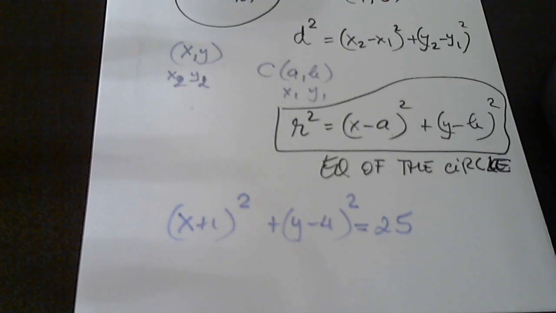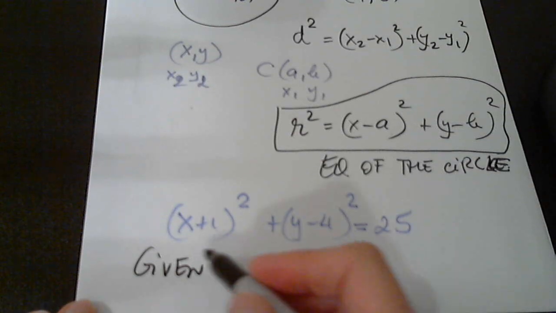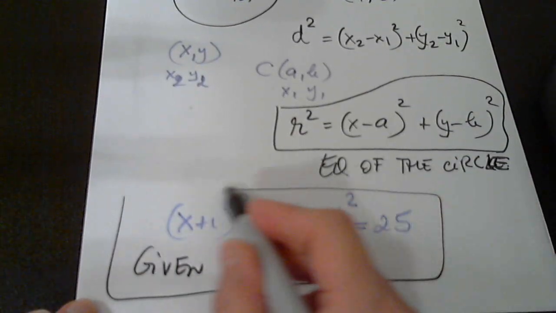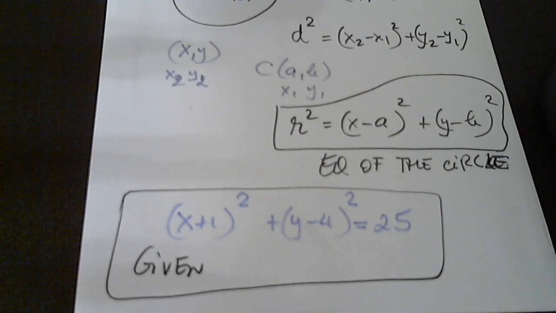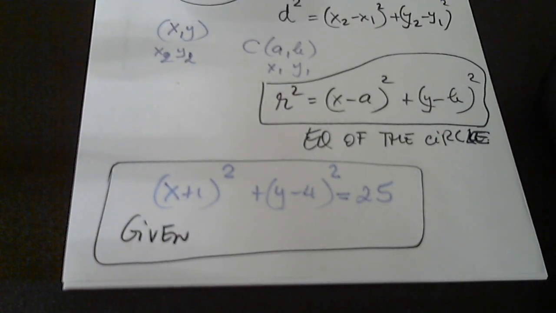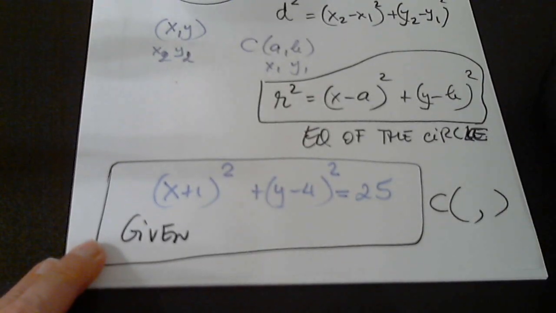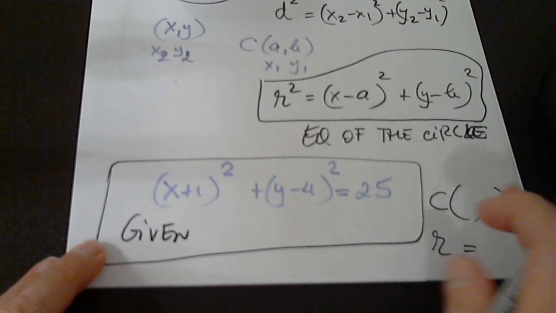So this is given to us. I'm asking you, is this the equation of a circle? If you say yes, then I would like us to determine the coordinates of the center and the radius.